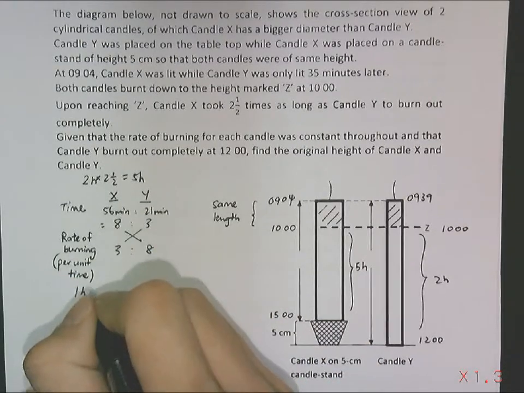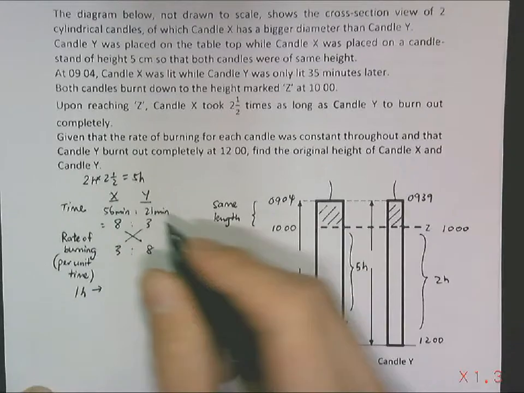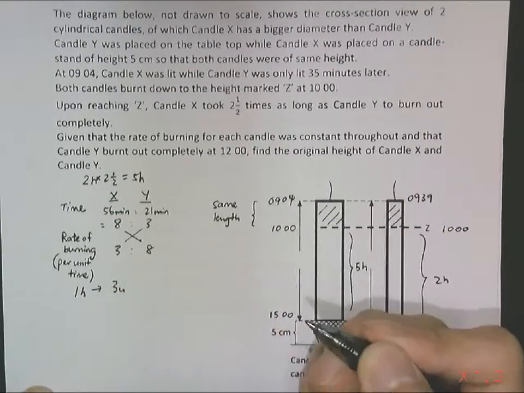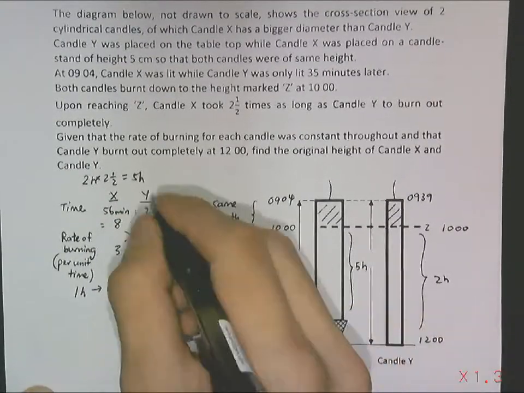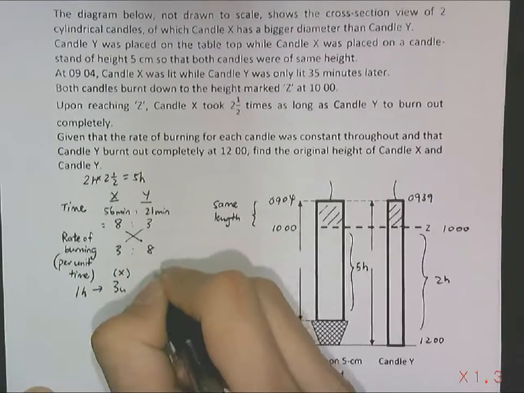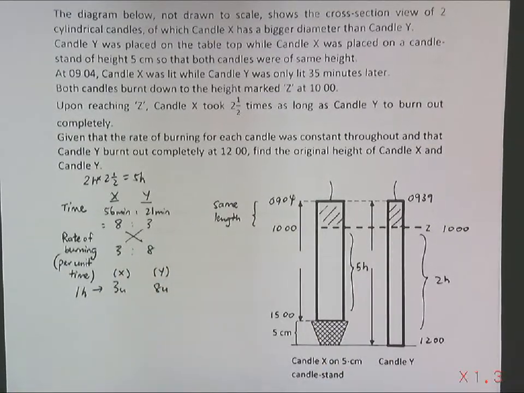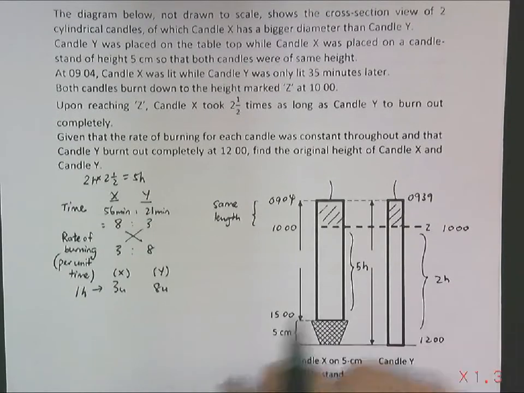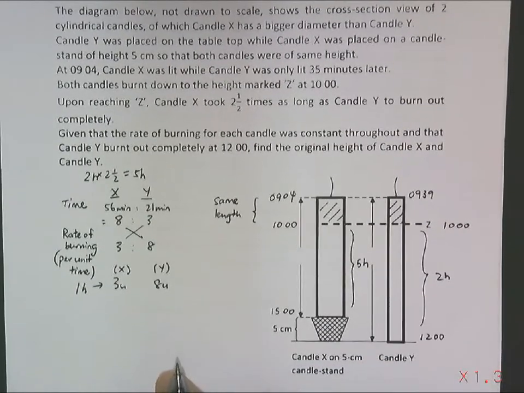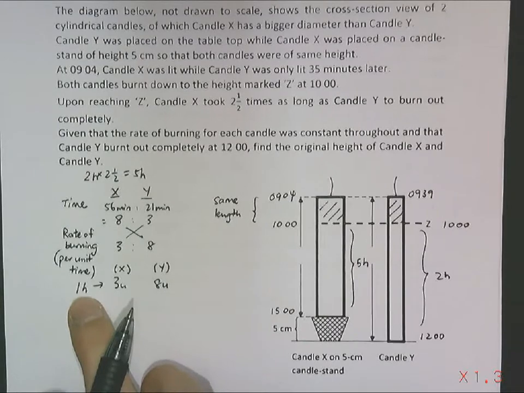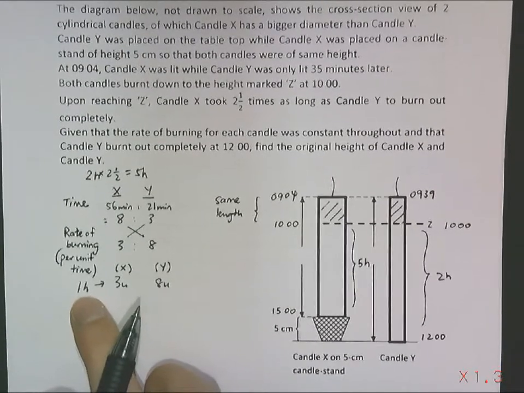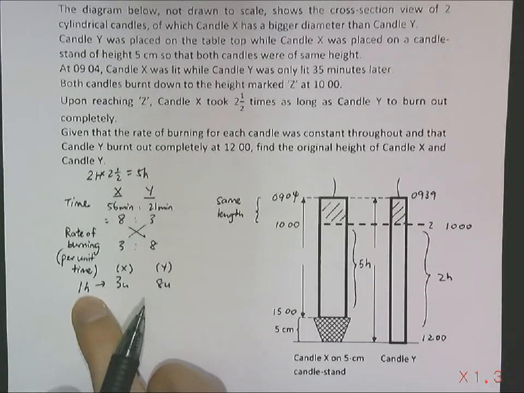In 1 hour, X burns 3 units, and Y would burn 8 units. So this is the rate of burning. It's like a speed, so you just need to multiply by the total time that each candle burns completely.